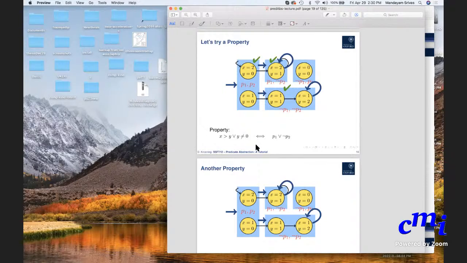What would you do? Obviously, even of X is not expressible in terms of P1 and P2, or some Boolean combinations of P1 and P2, correct? What would you do?